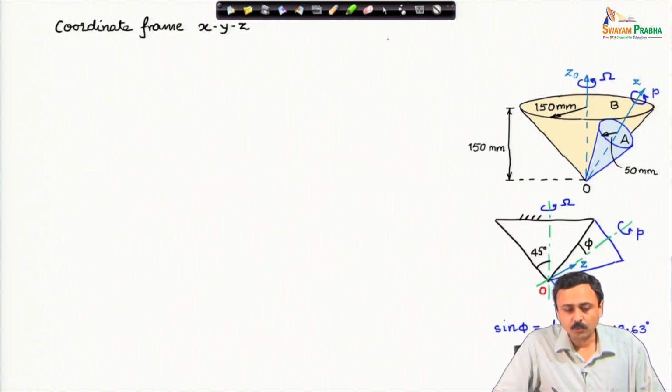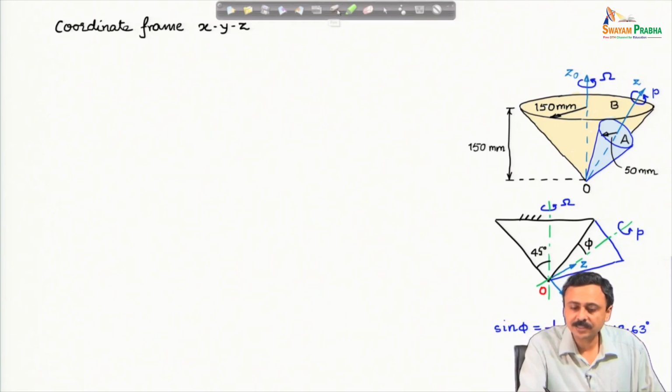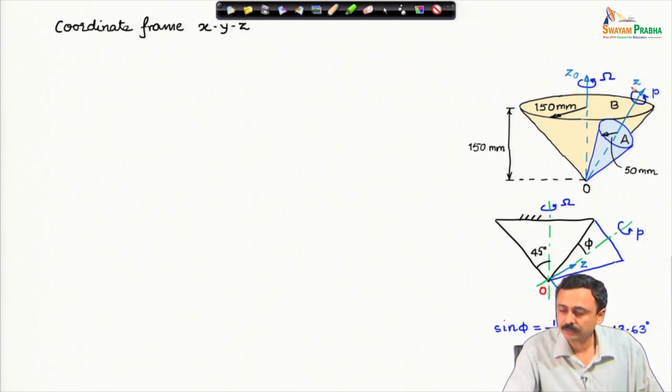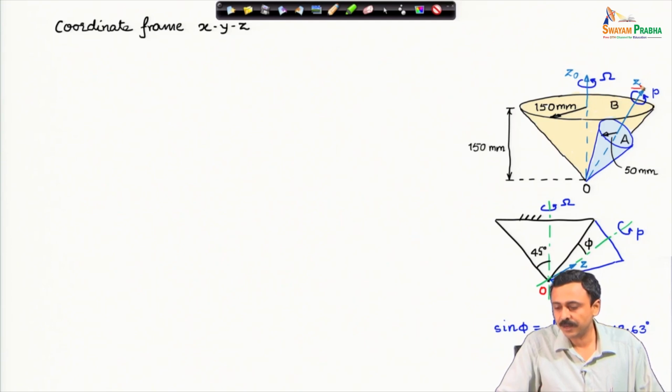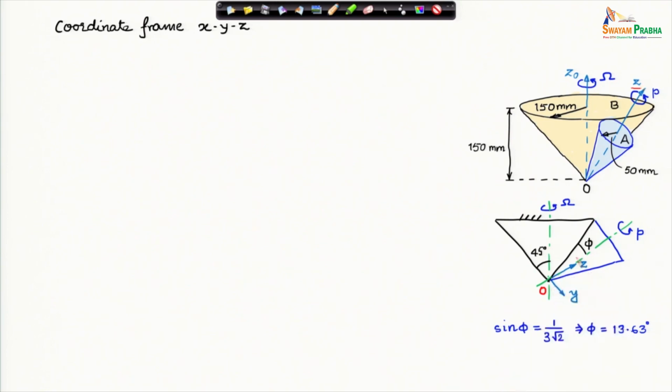Let me fix up a coordinate system x, y, z like this. I take the z axis as the spin axis of cone A. I have marked here, z axis is the axis of spin of cone A, and this is the side view of the same system.